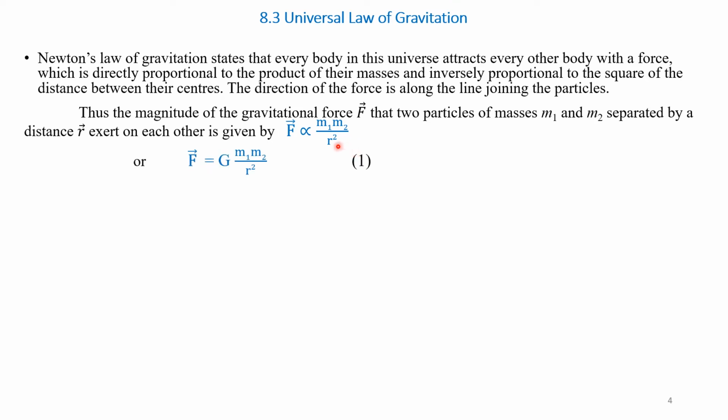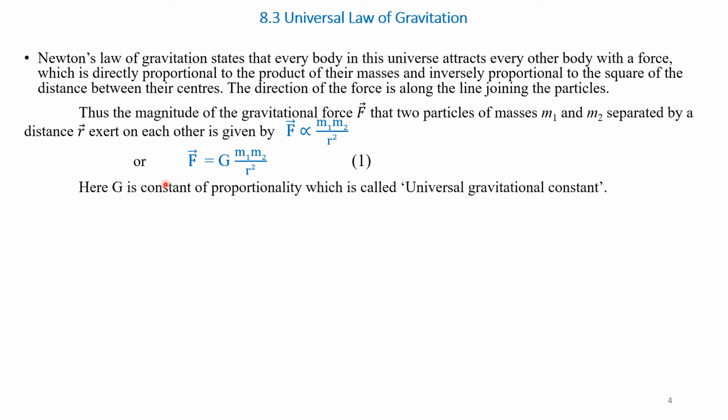This can be written, removing the proportionality constant, as F is equal to G into m1 m2 divided by r square. Here G is called the gravitational constant, also known as the universal gravitational constant.